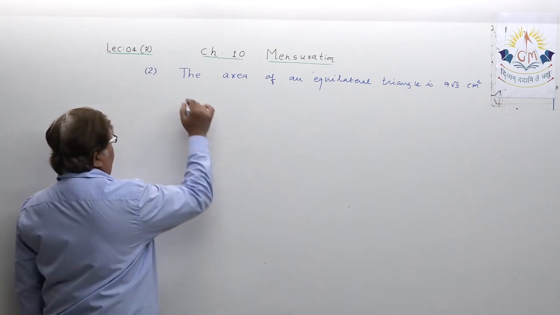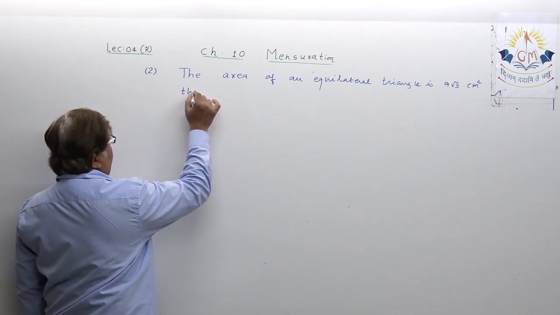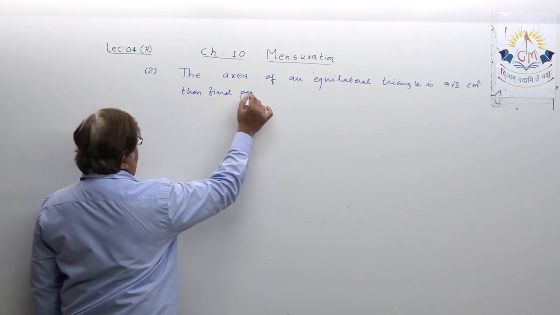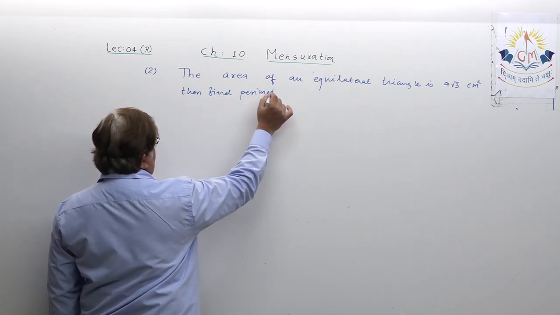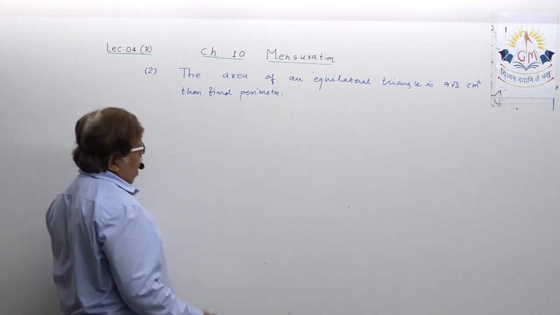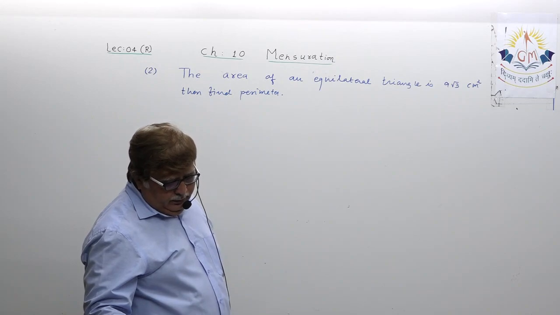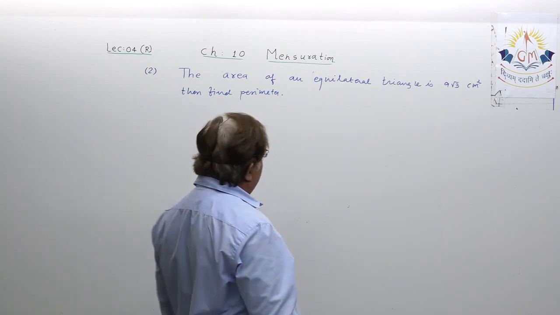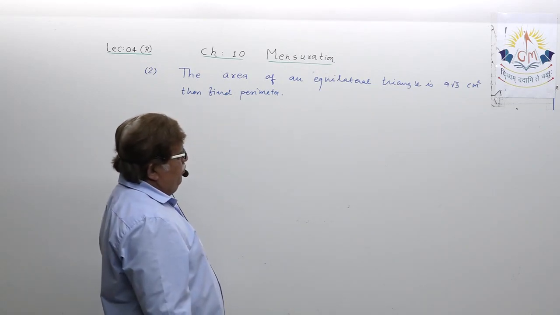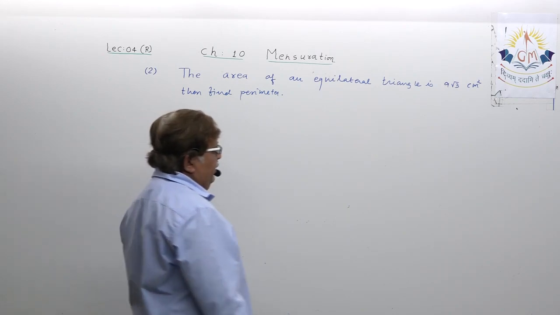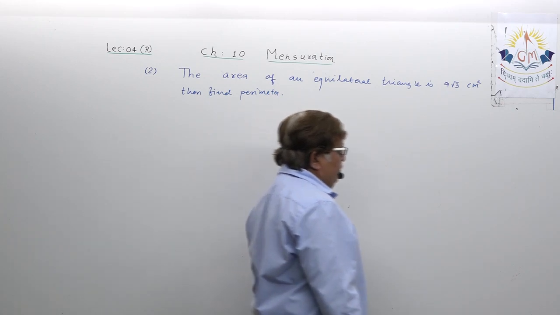Then find the perimeter. Please try this. I think, dear student, in 2 to 3 minutes you can solve it easily by yourself. Okay, please try this out.